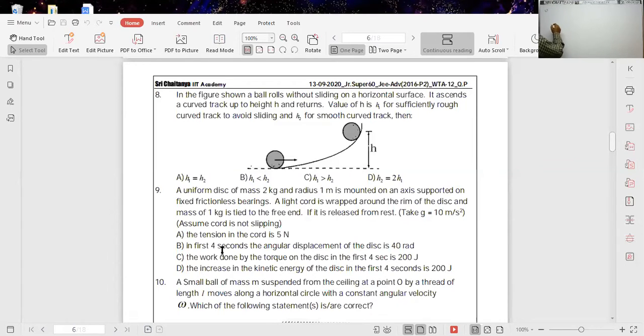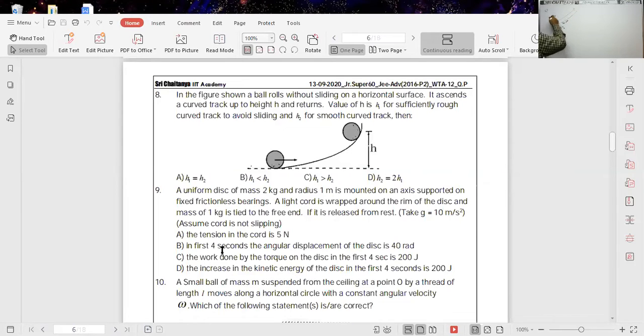You see, if it is a smooth curved track, this body cannot roll, it slides like this only. That's why whatever the translational kinetic energy is here, that is equal to the potential energy gained, mgh. It rises up to a height equal to h2.